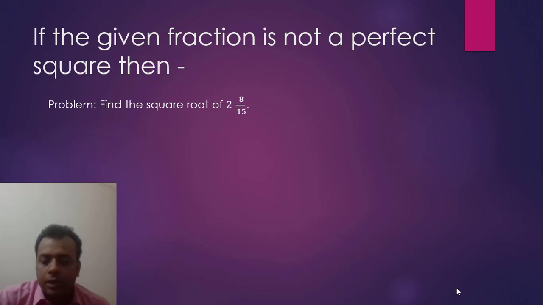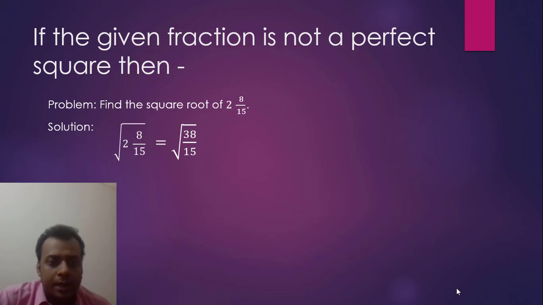For example, we will take the problem 2 total 8 by 15. For the solution, you have to find root over 2 plus 8 by 15, which is equal to root over 38 by 15.